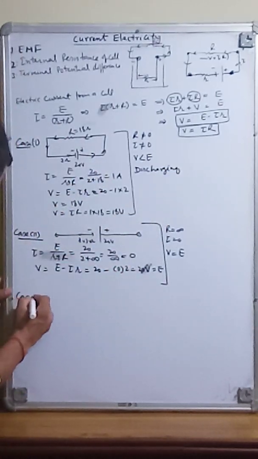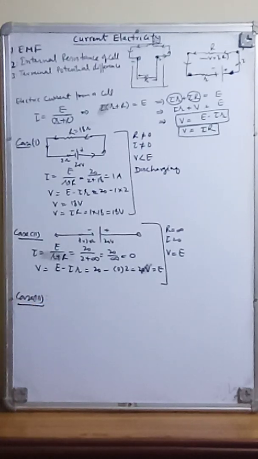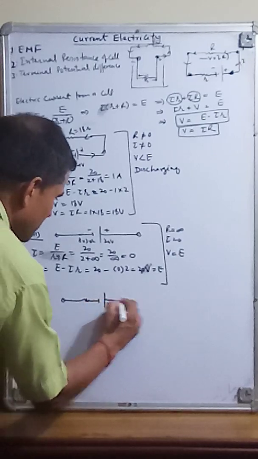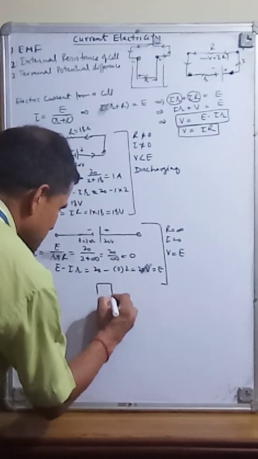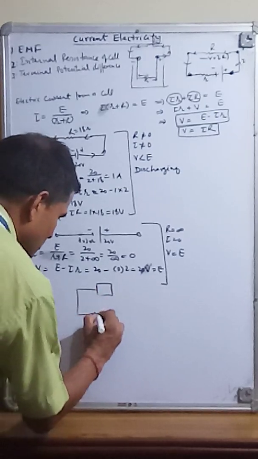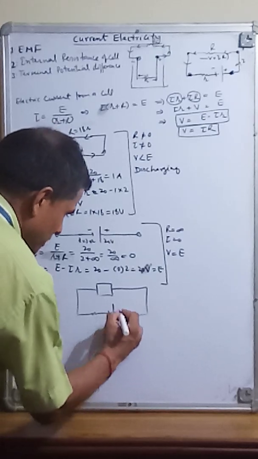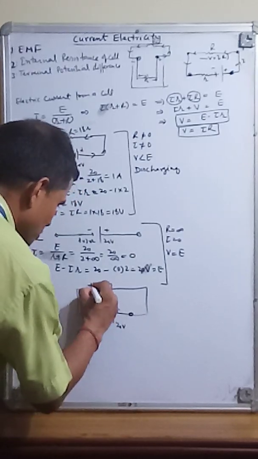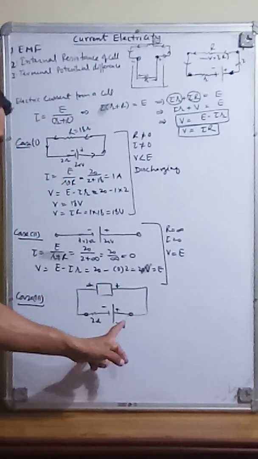Now case third. In this case we put a battery to charge this cell. This is a charger. Again, this is 20 volt, plus and minus, and it is 2 ohm. These are the terminals, this is positive, this is negative. When you are charging a battery, plus will be connected with positive.